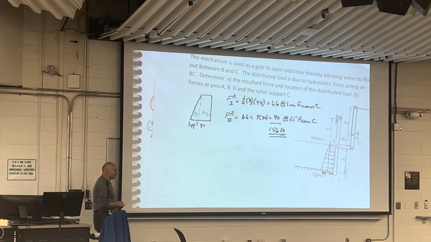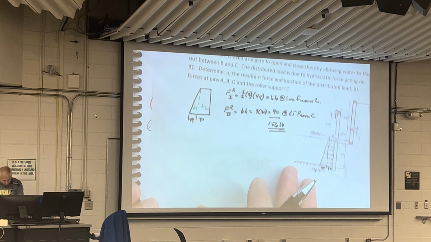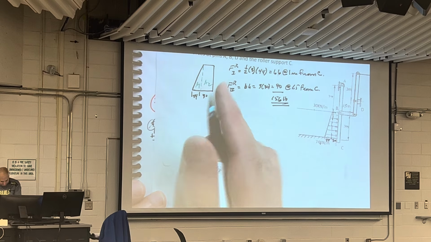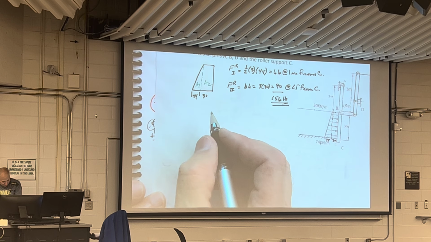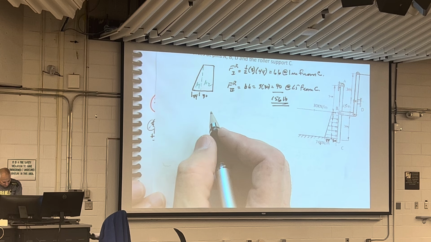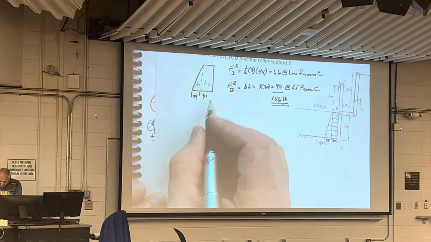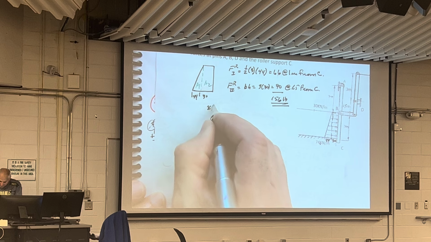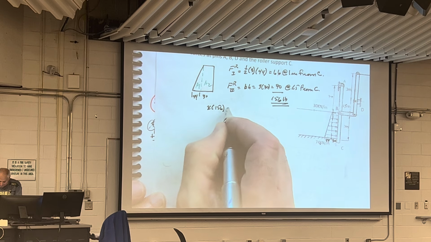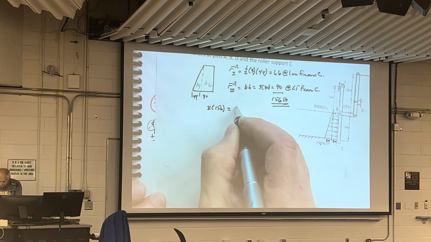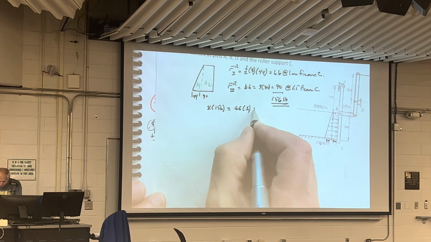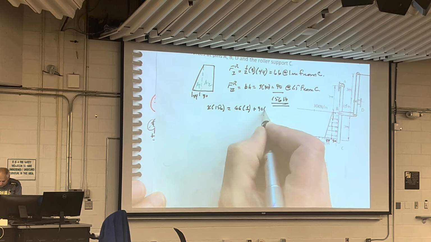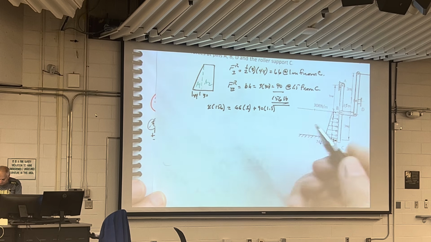Where does it act? Well, I have to set the moments equal to each other, right? So I'm going to say x times 156 is equal to 66 times 1 plus 90 times 1.5.